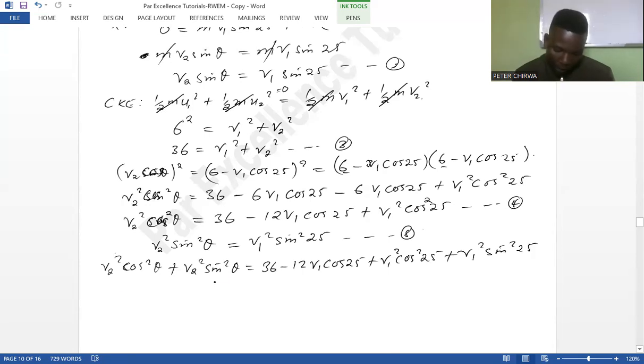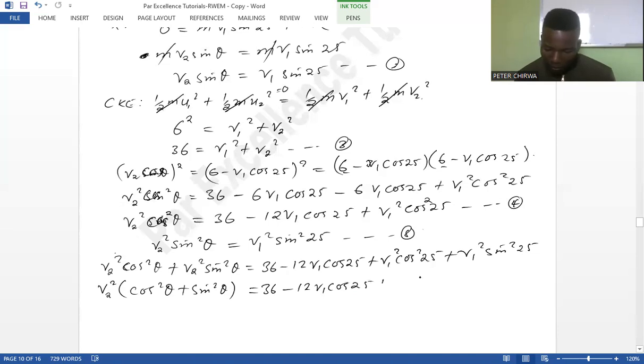So I can see that I have something in common here. Here v2 squared is common, I factor it out.